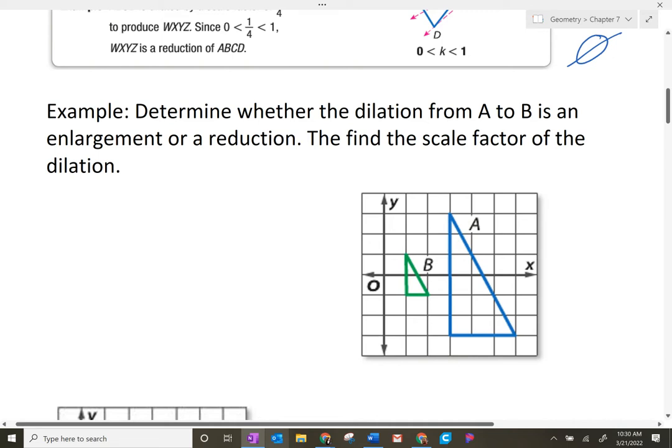All right, so looking at this one, I'm going from A to B. A is this shape, B is this shape. Is it being enlarged or is it being reduced? How about this? Is it bigger or smaller? It's smaller. So if it's smaller, it means it's a reduction.